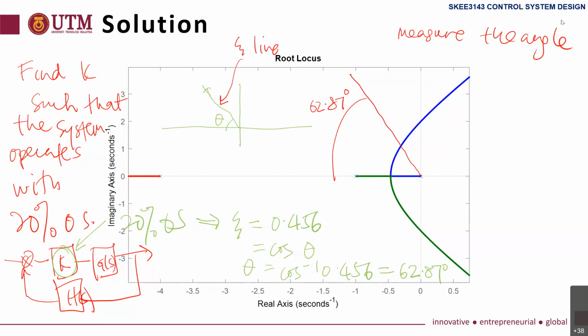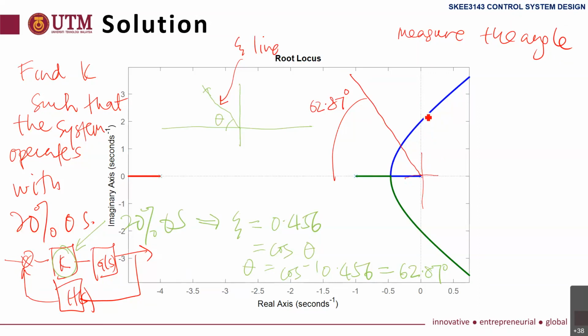Student: Sir, a protractor? Yes, you can use that to measure angle. We want the exact angle, so you need to use a tool to measure it, provided that the axes are correct.